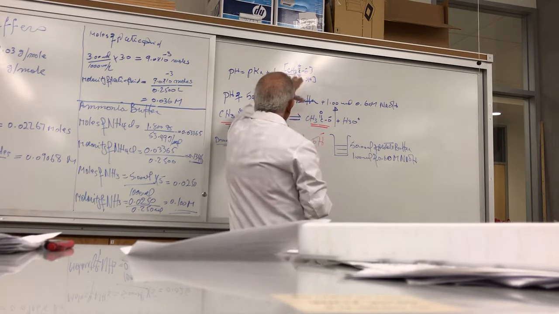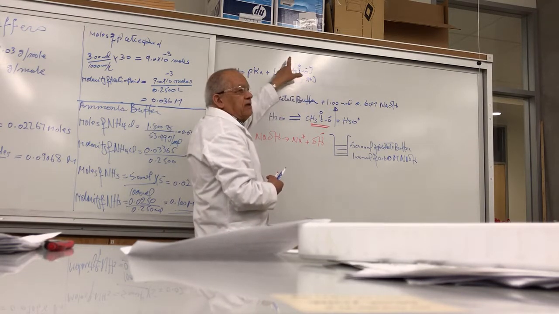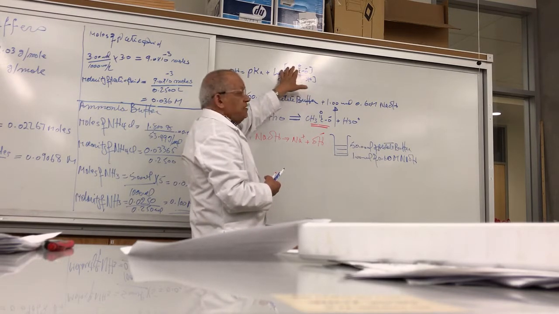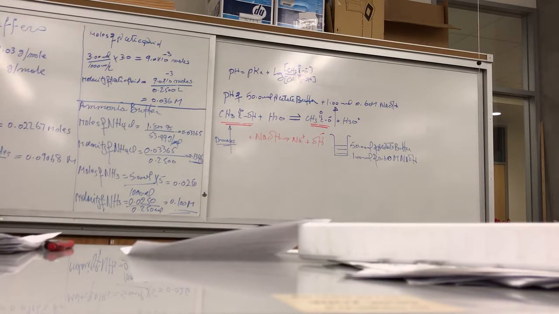And by the way, you can use this equation either by molar or moles, because the volume will cancel. You can do it in terms of number of moles of acid and moles of the acetate ions.